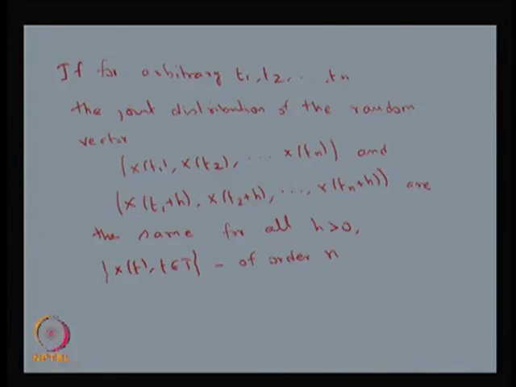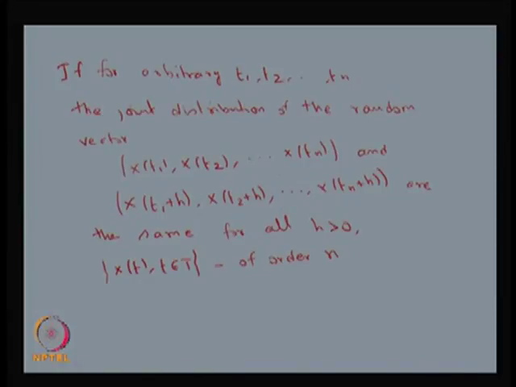With the same shift h, you do it with T2, so the random variable x of T2 plus h. Similarly, the nth random variable is x of Tn earlier, and now you have x of Tn plus h. So, you have another random vector with n random variables, and find the joint distribution of that.